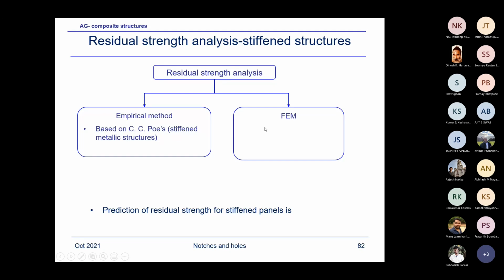There are a lot of FEM methods, and I've sent several reports to Prof. Dinesh on continuum damage modeling. They're very interesting. Or you can go to the NASA website. Most of the publications are coming from the NASA website. There's a lot of data available from the NASA web server.